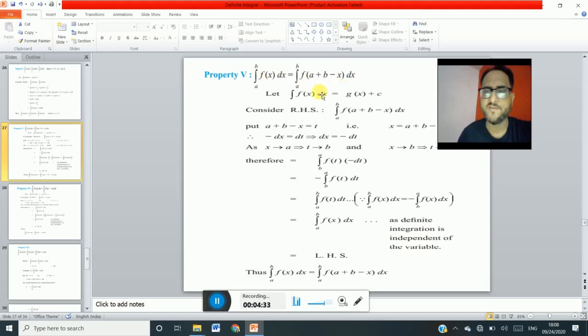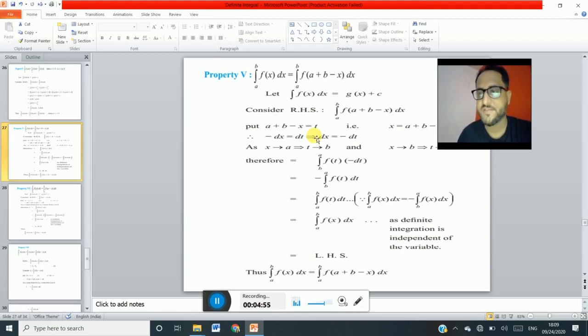So again the proof of this is also the same. Let integration of f of x dx be g of x plus c, and again consider the right side of the proof, that is integration a to b of f of a plus b minus x dx. Okay, and put a plus b minus x equals t, as we did in the previous example.